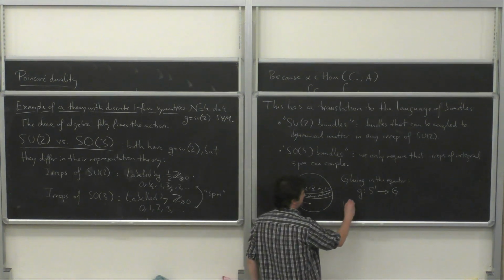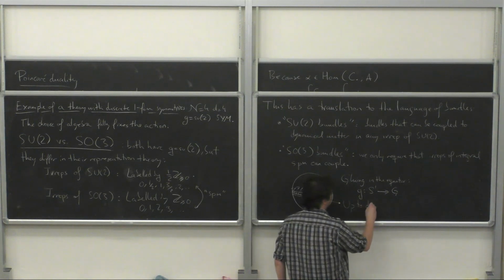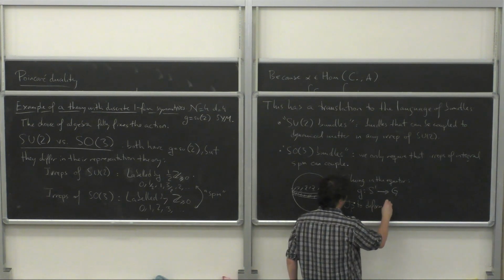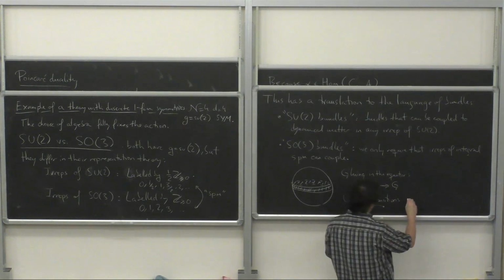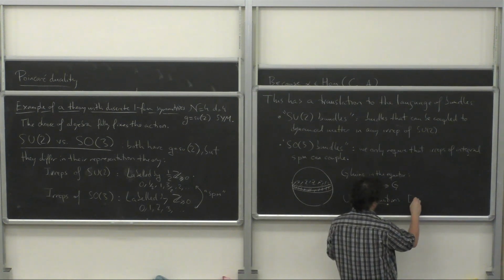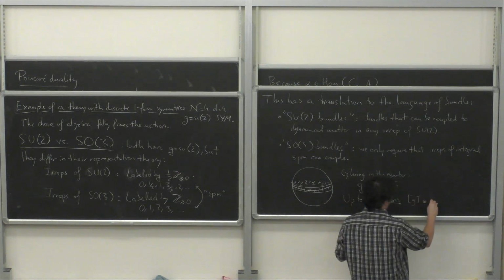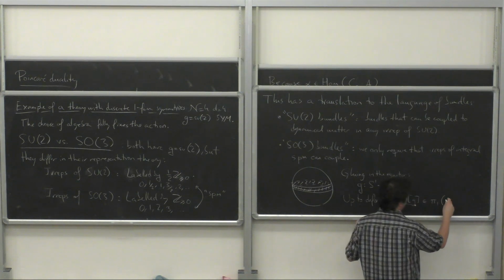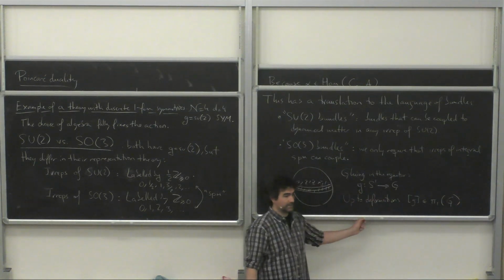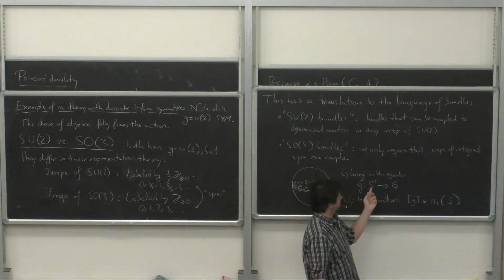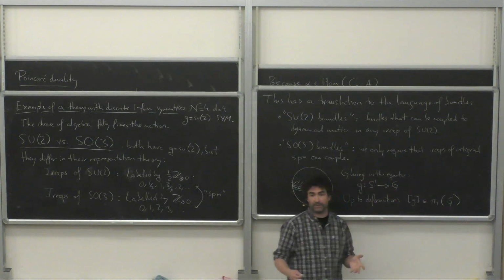So up to deformations, the class of such maps is going to be given by pi_1 of G. The class of deformations of maps between S^1 and G is pi_1 of G by definition.